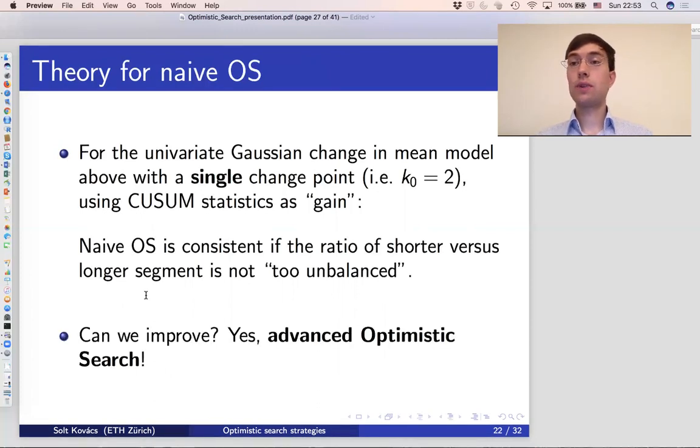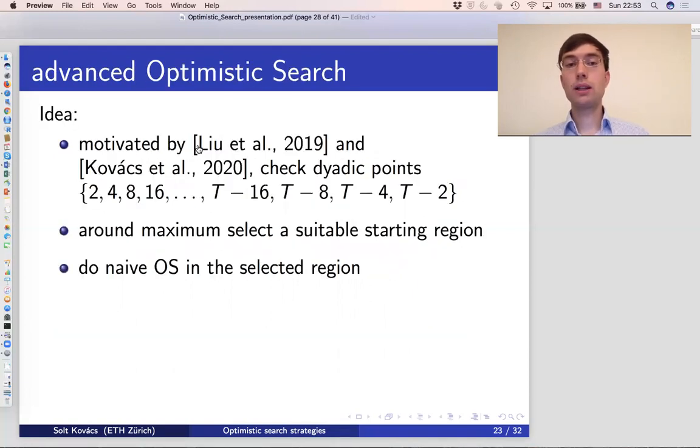And the answer is yes. We have an advanced version with a slight tweak. And the tweak was motivated by Liu and co-authors, as well as by seeded binary segmentation, the proposal we had earlier on this year. So what we do here is we investigate first a preliminary set of split points at dyadic locations.